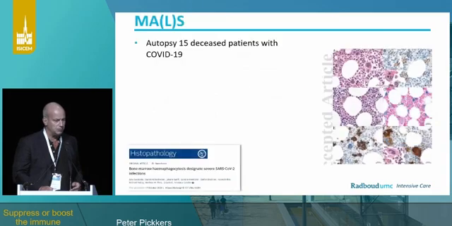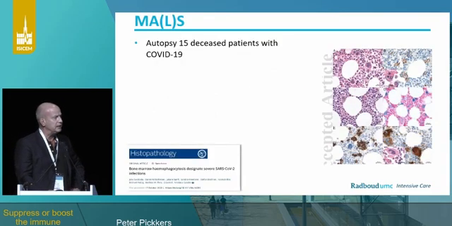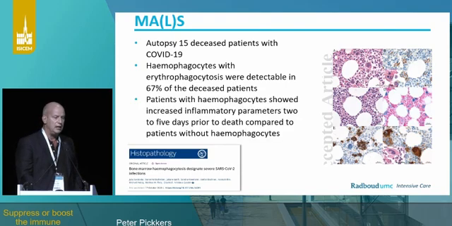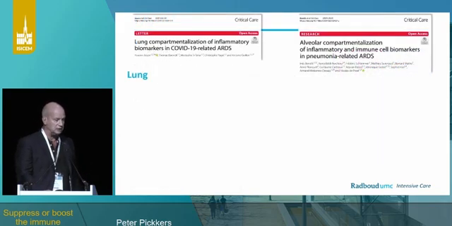One reason is that in those patients that are most severely ill and eventually die, a small study in 15 patients that died found that in their bone marrow there are actually hemophagocytes, and this is a sign of macrophage activation syndrome. Also the high ferritin levels that we measure in these patients are a signal that there is indeed high cytokine production in some of these patients.